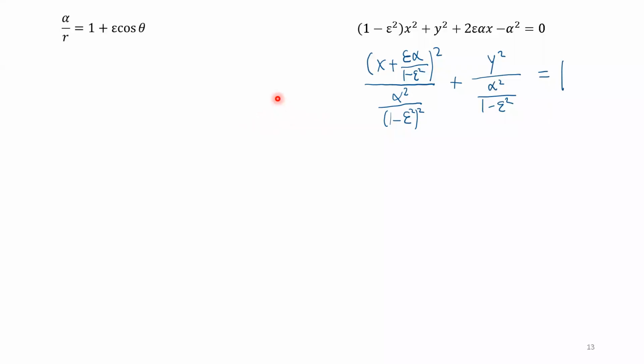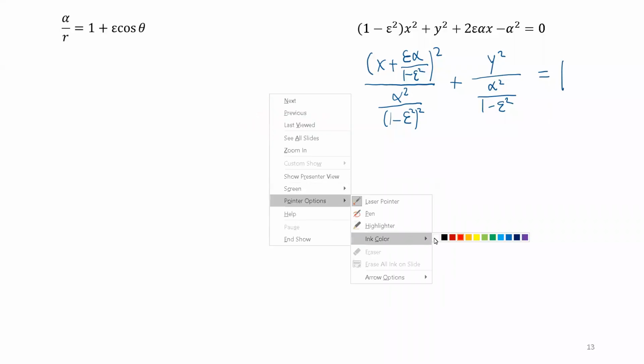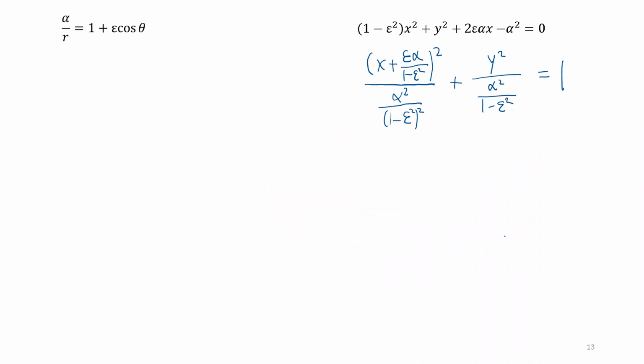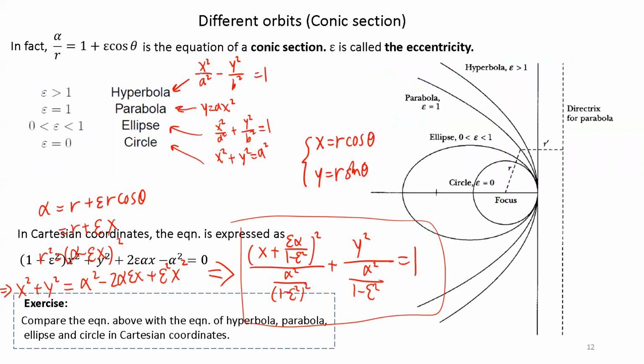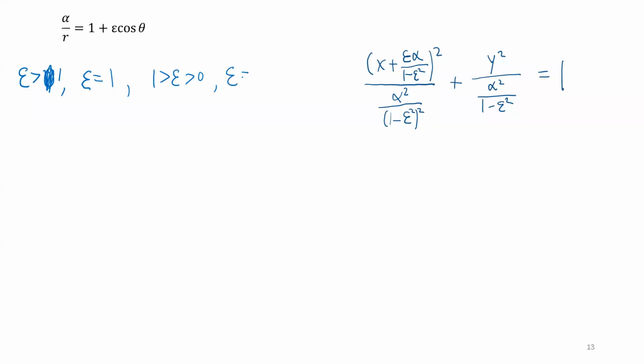So for epsilon greater than 1, what do we have to consider? Epsilon greater than 1, I'm sorry, not greater than 1, yes, greater than 1, epsilon equals 1, and then epsilon between 1 and 0, and then finally epsilon is 0.